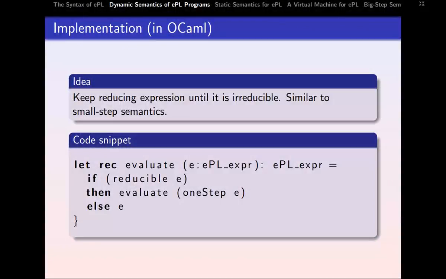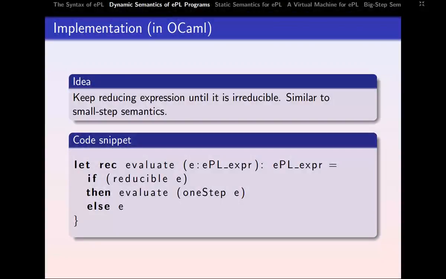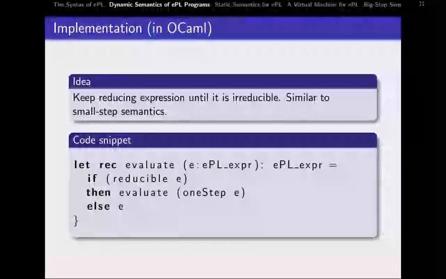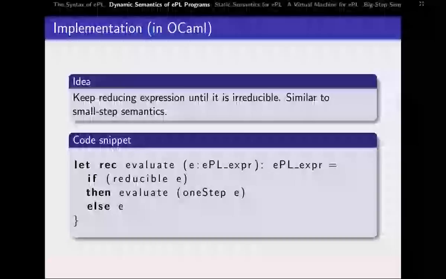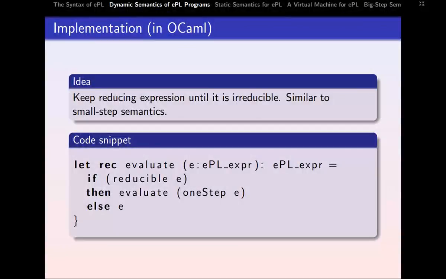So this is expression evaluation. Of course, we have to define the reducible predicate, and we have to define the one step. What do we mean by one step? That will be part of the lab.